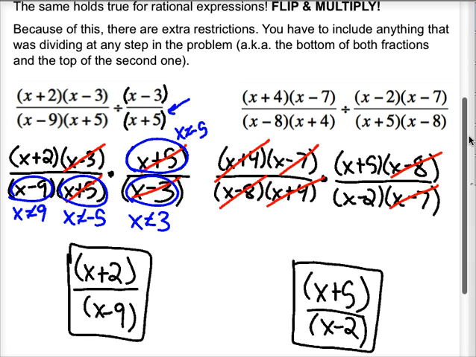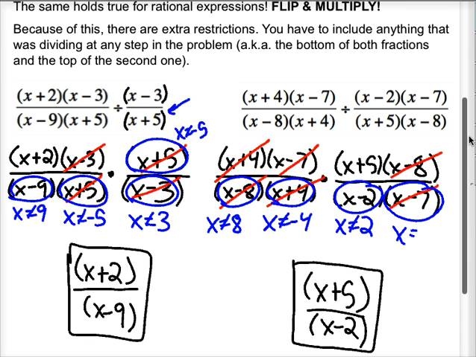And now we have to run through and state the restrictions. So based on this, x can't be 8. Based on that, x can't be negative 4. Based on this, x can't be 2. X can't be 7. But remember, because this is a division problem, that meant at the beginning we were dividing by both of those.